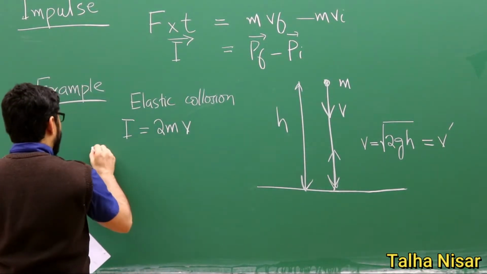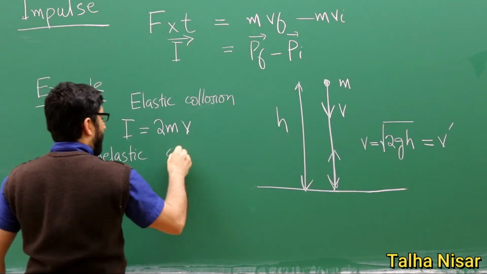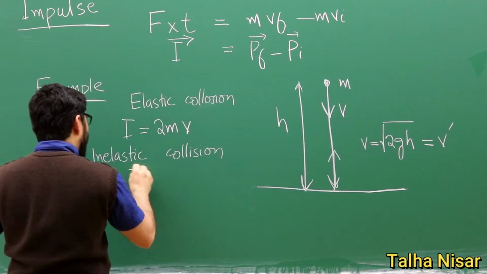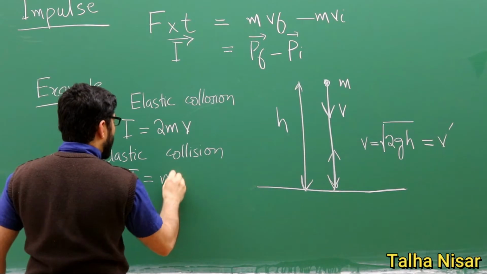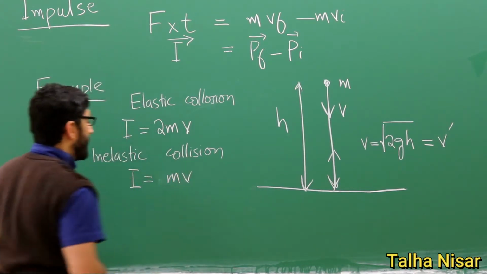In the case of the inelastic collision, the change in the momentum will be only mv. Why?